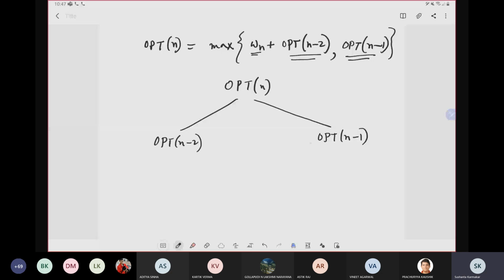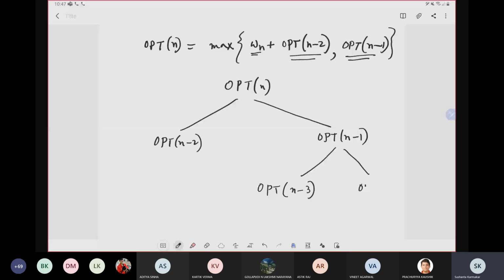To have opt n minus 1, again, using the same thing, you need opt n minus 3 and opt n minus 2. You need these two. So you see, here is opt n minus 2, and opt n minus 2 again.